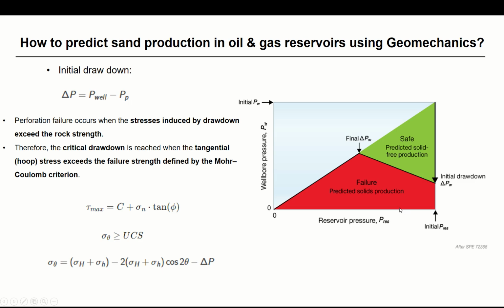And I know that you will ask me how you can talk about decreasing drawdown, since we are producing and so we should increase. So the production engineer thinks that he should increase the drawdown to have more flow, and this is logical. But in our simulation, or from the geomechanics point of view, you should be careful.